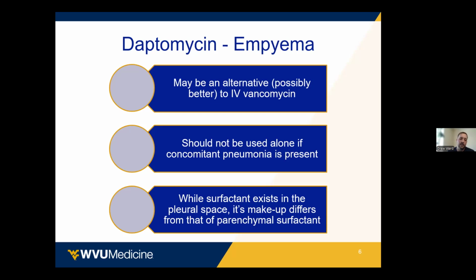Interestingly enough, there is a type of surfactant that does exist within the pleural space, but its lipid makeup differs quite significantly from that of parenchymal surfactant found in the alveolar space. And thus, daptomycin isn't as readily neutralized when it enters that particular part of the body.